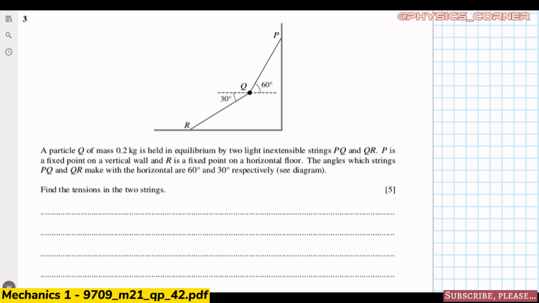This is in equilibrium, so we can use Newton's first law.